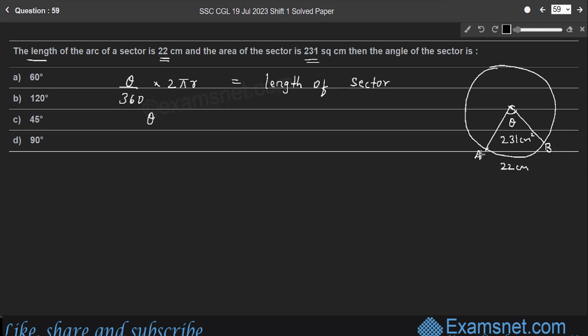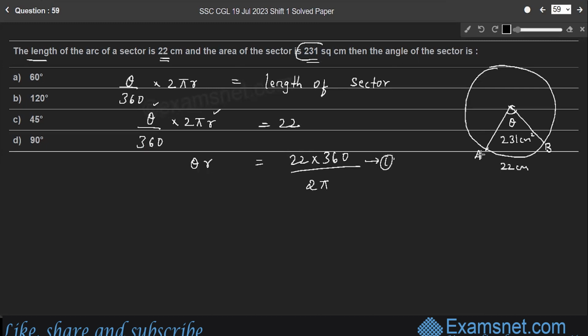Therefore, we can write theta by 360 into 2 pi into r as 22. Right? Here we have two unknown terms, theta and r, so let it be as it is. So theta into r is equal to 22 into 360 by 2 pi. Consider this as equation 1.